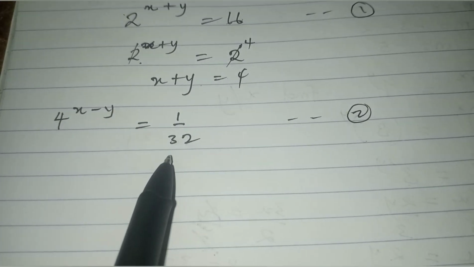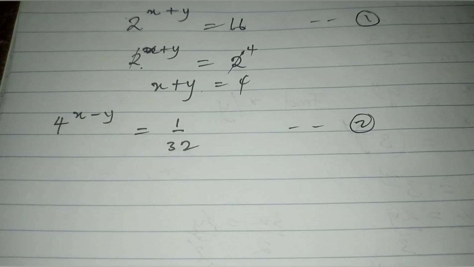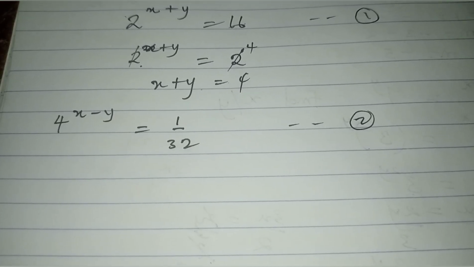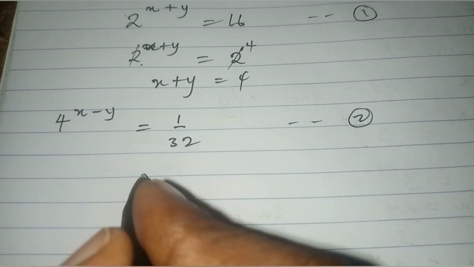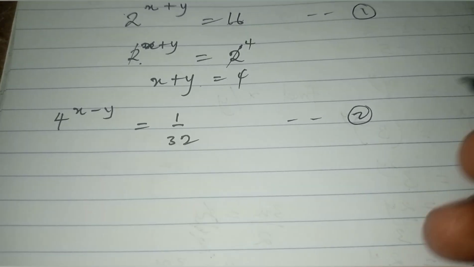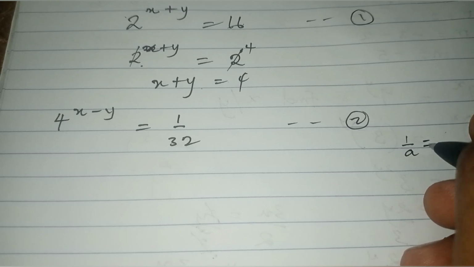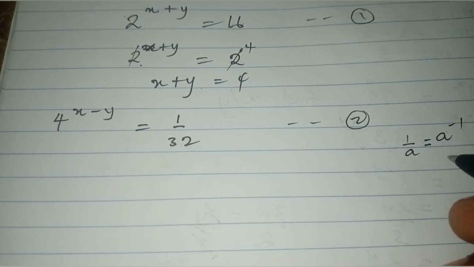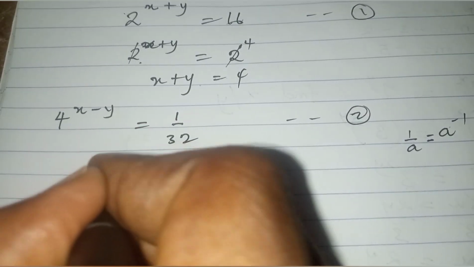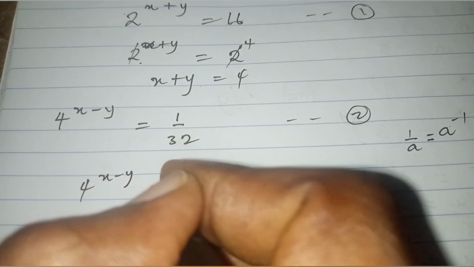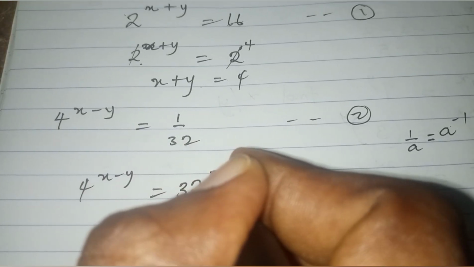Now this is a little tricky, but it's very simple. 1 over 32 can be expressed as 32 raised to power minus 1 in index form, because when you have 1 over a, it is a raised to power minus 1. So we apply this here. We have 4 raised to power x minus y equals 32 raised to power minus 1.